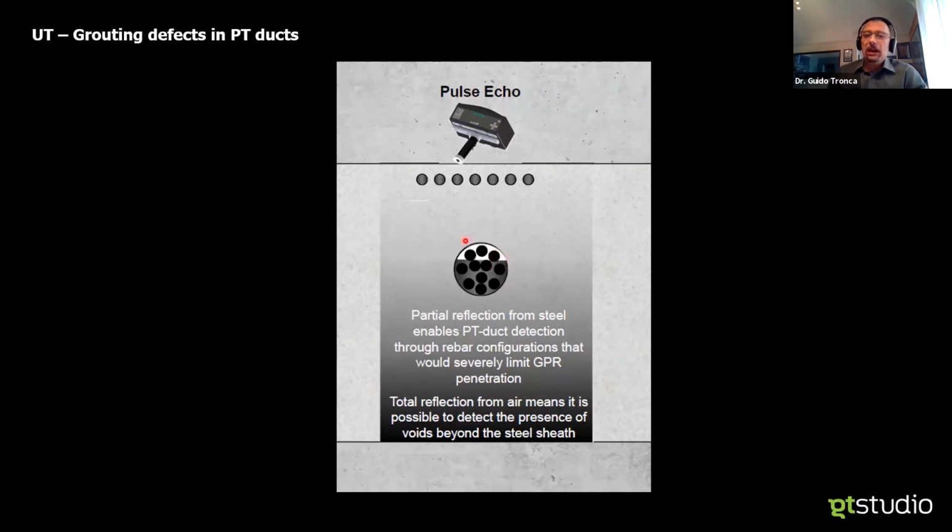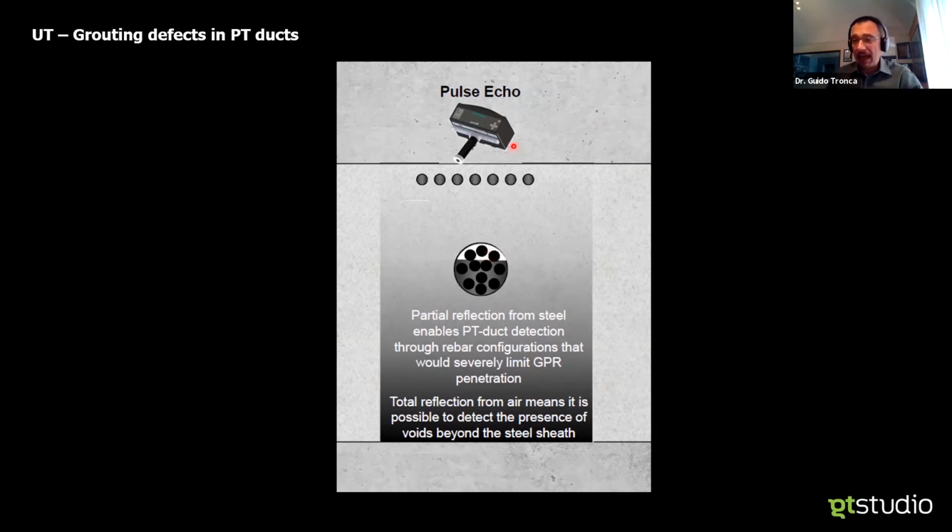If I look at these ducts with the GPR, and we saw a couple of slides before that PT ducts are very well defined by GPR, the amount of steel is so relevant that it makes the GPR blind to any air inside.